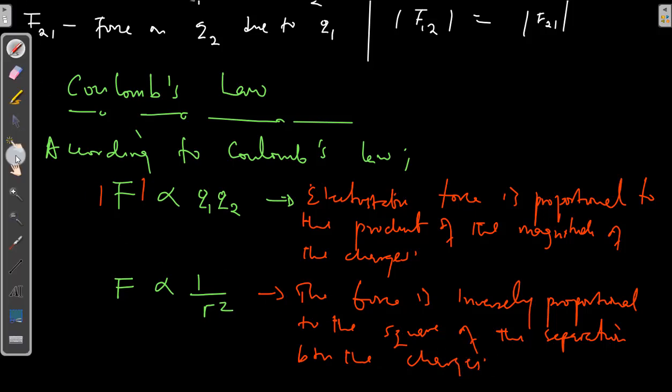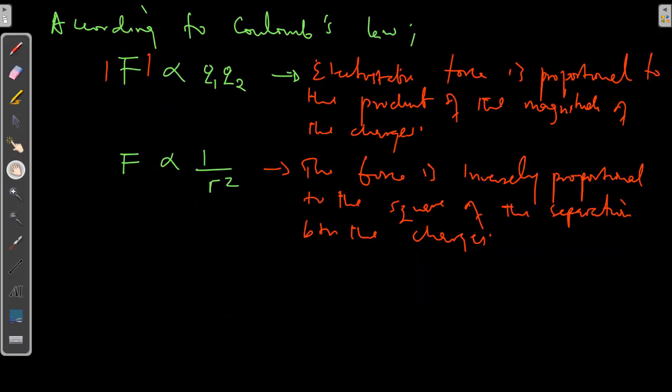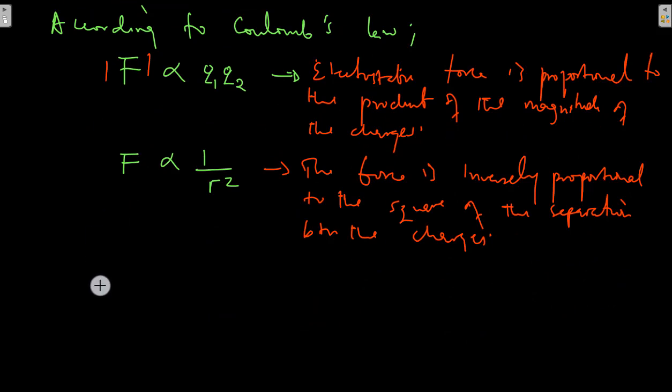To put these two factors together, we'll have the following. The full-scale Coulomb's law is that the electrostatic force between two charges is directly proportional to the magnitude of the charges and inversely proportional to the square of the distance between the charges. This is Coulomb's law.